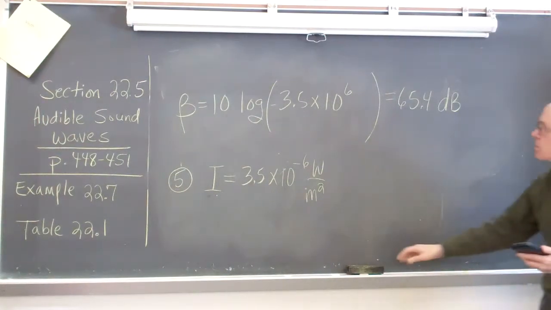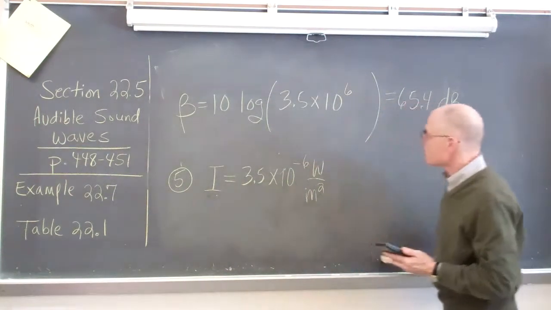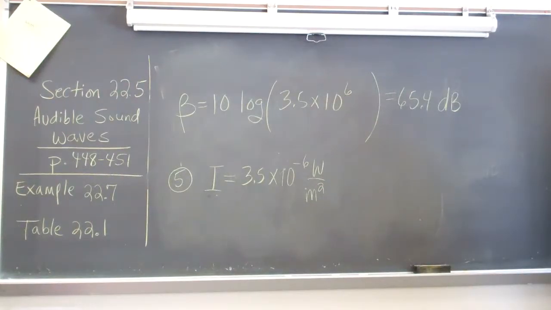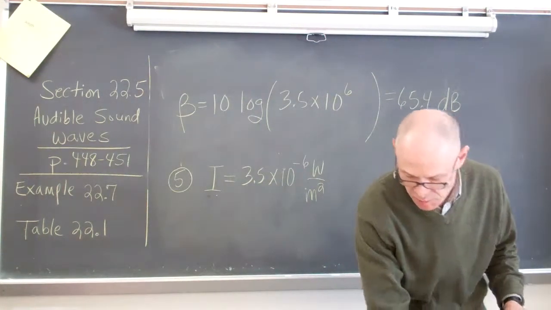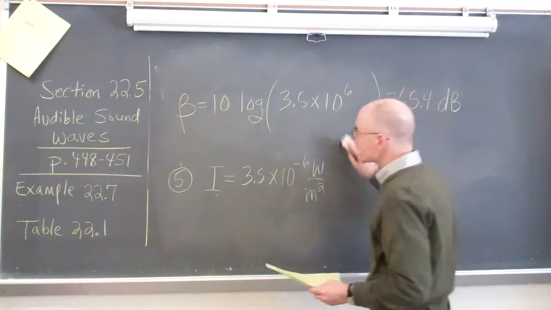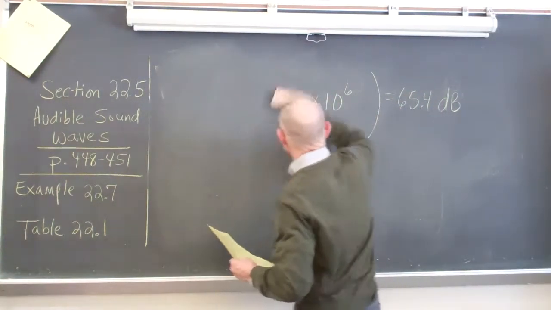All right, so you just have to keep practicing to make sure you can work your calculator to get that result. So here are some problems to practice out of the textbook.